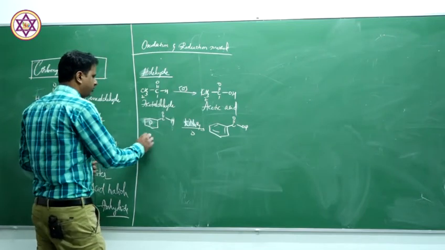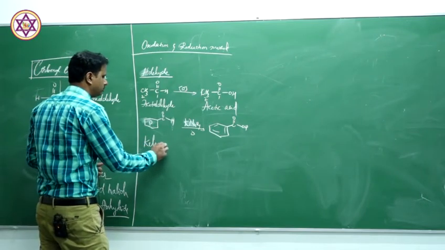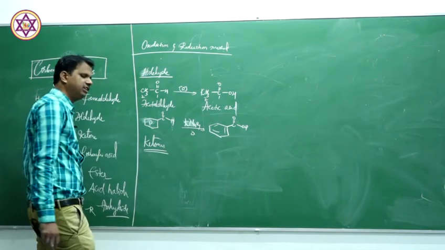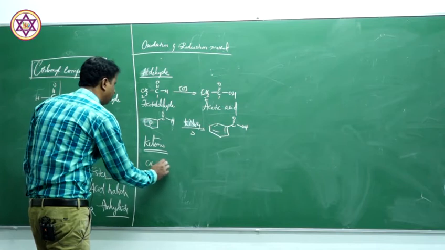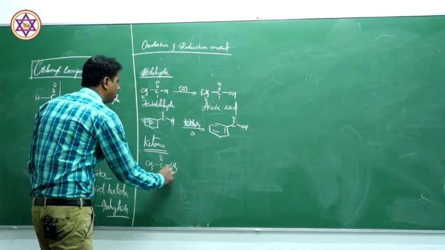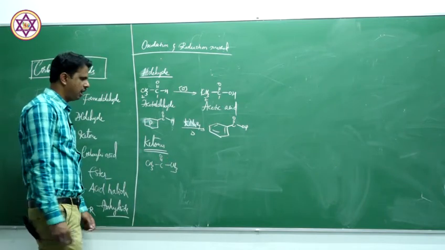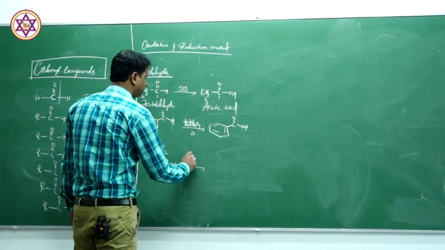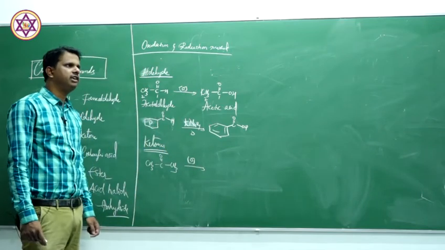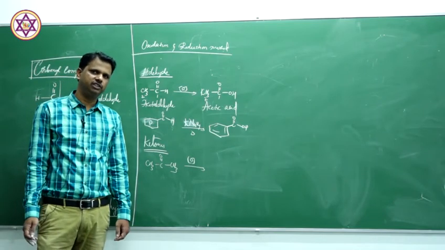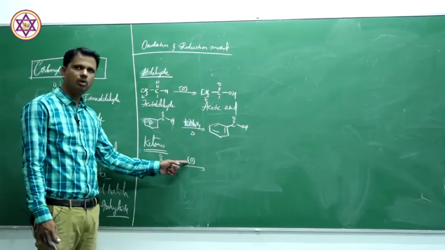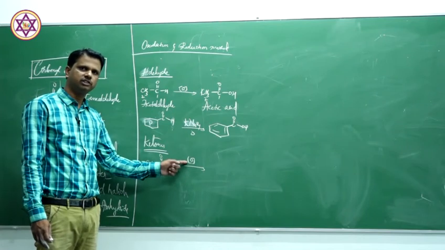Now, what happens in case of ketones? Let us take the simplest example once again. Let us take propanone, which is the first ketone member here, and we oxidize this molecule. We know the fact that ketones do not undergo oxidation reaction easily.